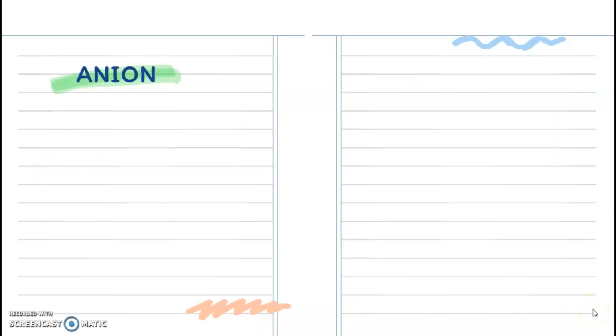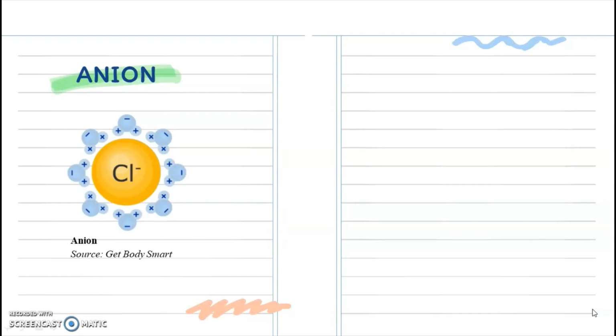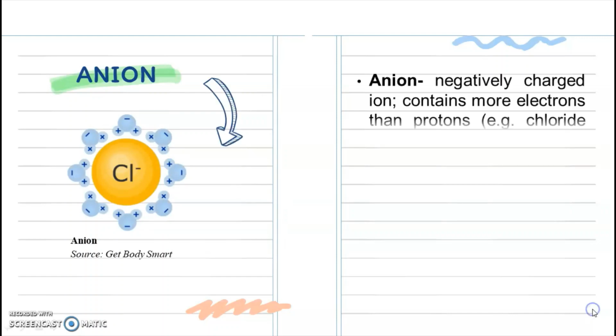Ions can also be classified as either anion or cation. Ano ba yung difference ng dalawa? So, punta muna tayo kay anion. Anion is a negatively charged ion, and it contains more electrons than protons. An example daw niyan is chloride ion and carbonate.